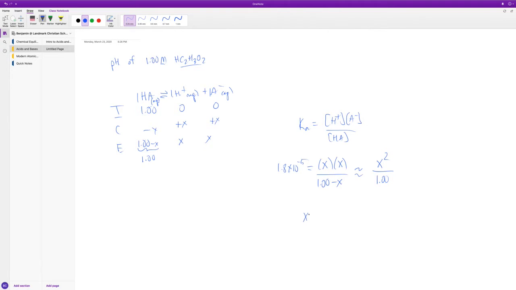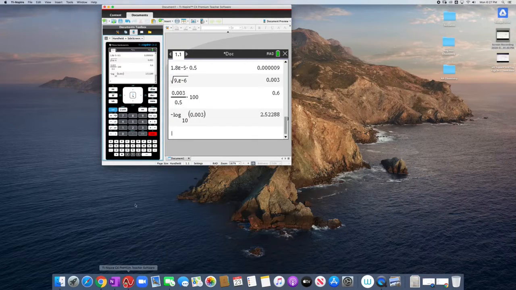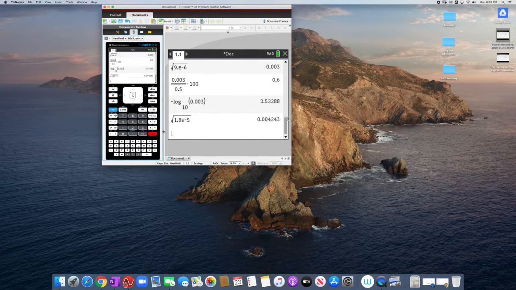Doesn't change anything. x is going to be the square root of 1.8 times 10 to the minus 5. And we get 0.004. 0.0042.